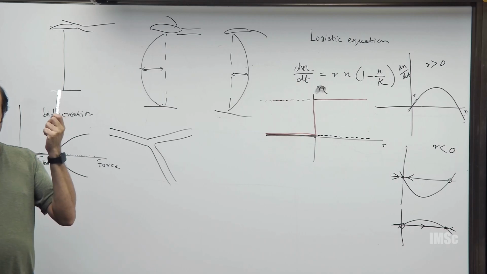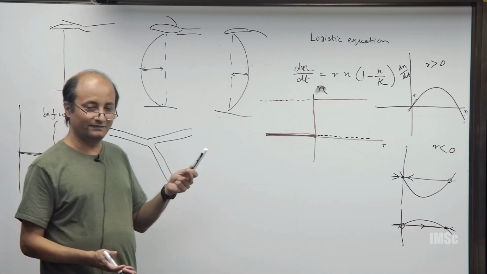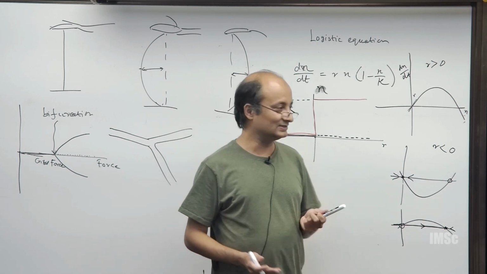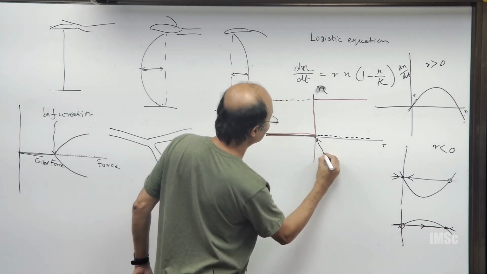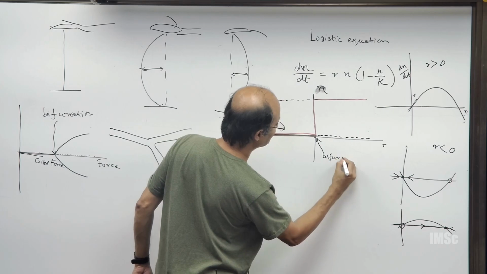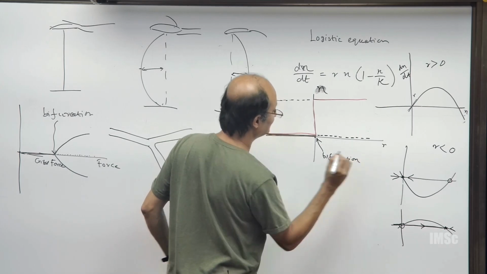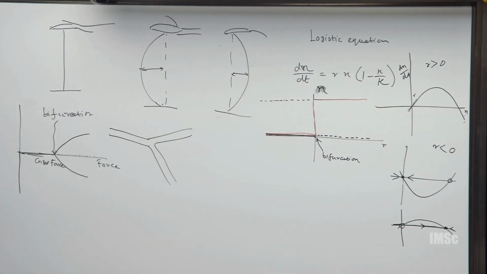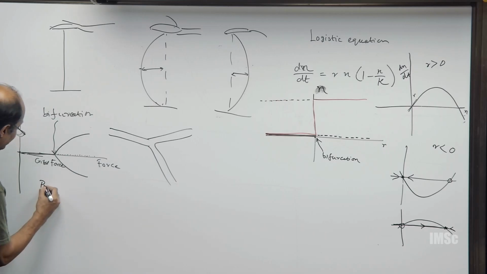Okay. So this type of exchanging of stability is also a type of bifurcation. So this is also a bifurcation. So this is an example of what is known as a transcritical bifurcation, whereas this was an example of a pitchfork bifurcation.